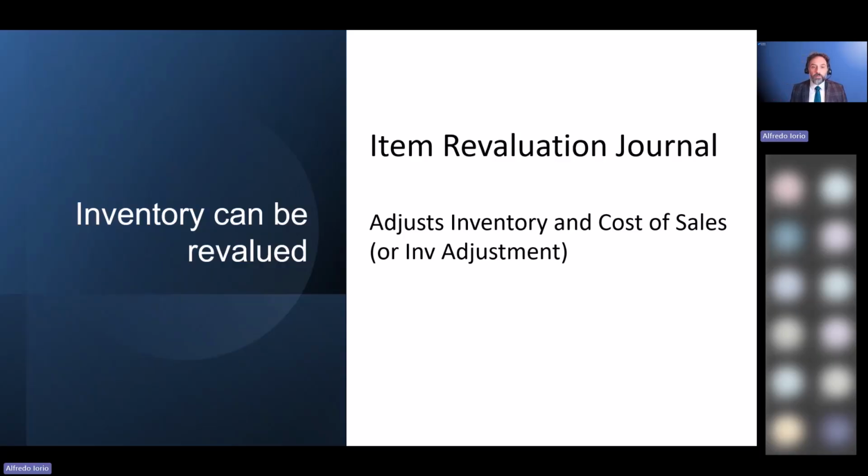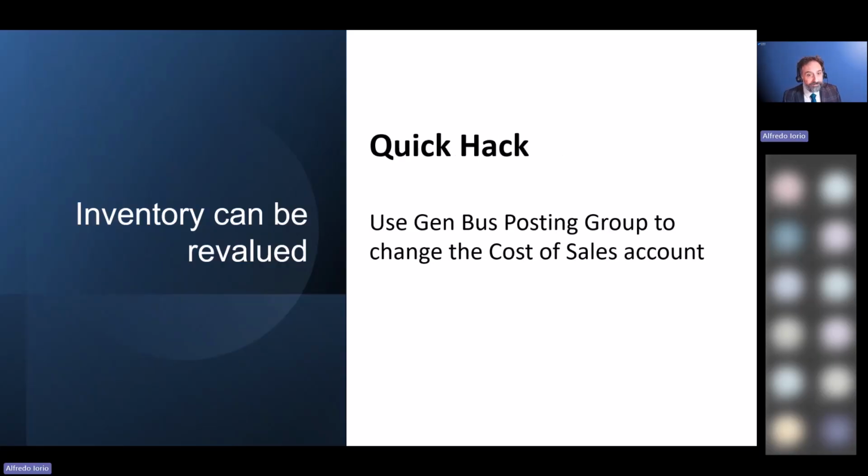So item revaluation journals are just inventory cost of sales. When, of course, it's back in time, it adjusts the actual cost of sales. When it's today, it will just post to inventory adjustment. So quick hack.